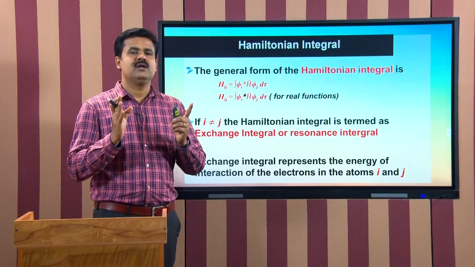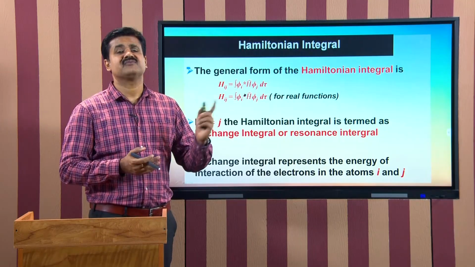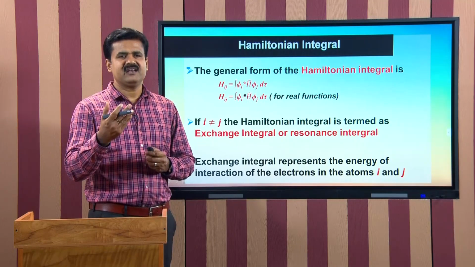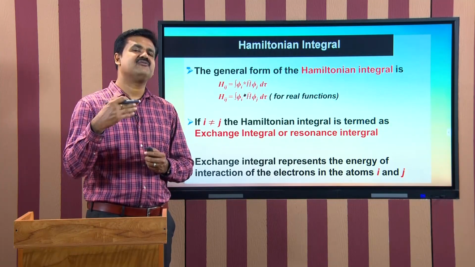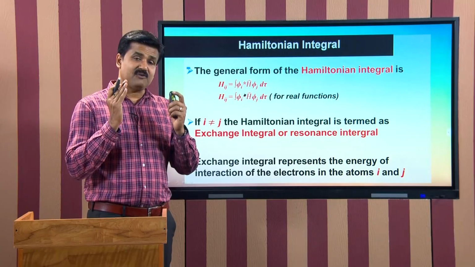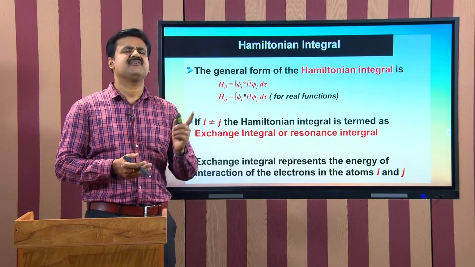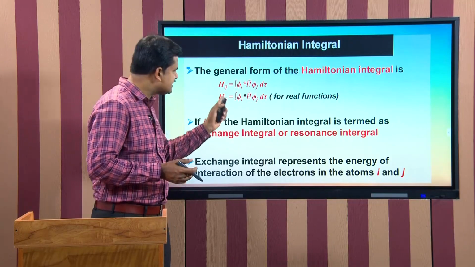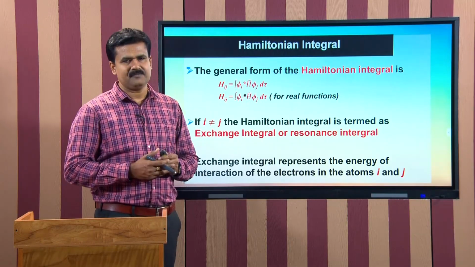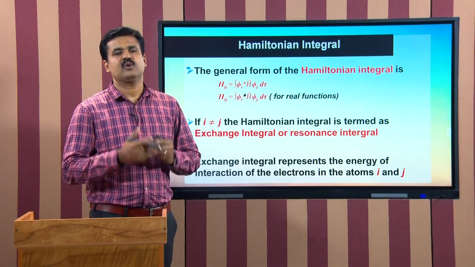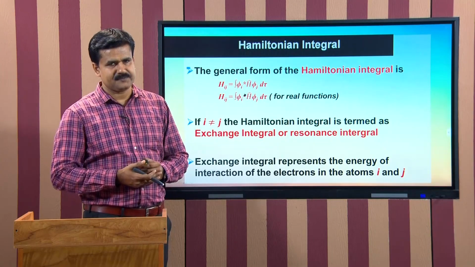Now, two important aspects of this Hamiltonian integral will appear when we consider the values of i and j. If i is not equal to j, this Hamiltonian integral is termed as the exchange integral or resonance integral.